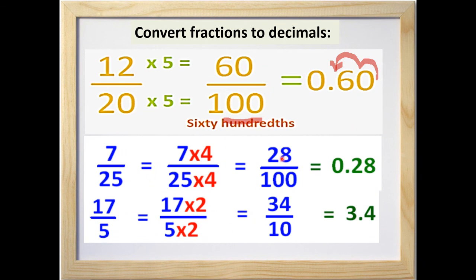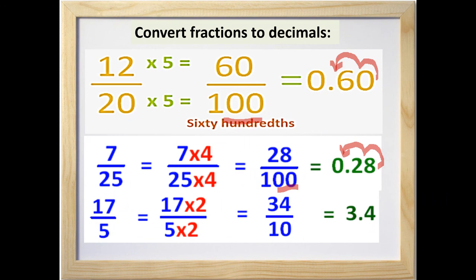So here again 28 by 100 is a decimal fraction. So again we have 2 zeros in 100. So we have to just shift the decimal point 2 places from the right to left, so that we get the decimal number as 0.28.